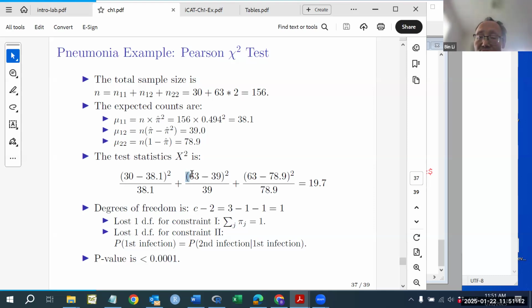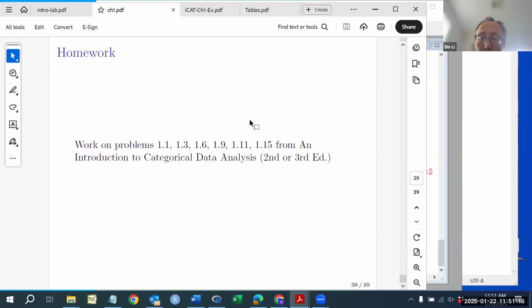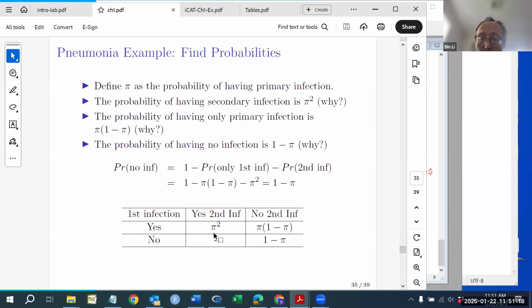So what we observed for the second, here we have three categories. The first one is getting both, the second one is first but not second, and the third one is neither.